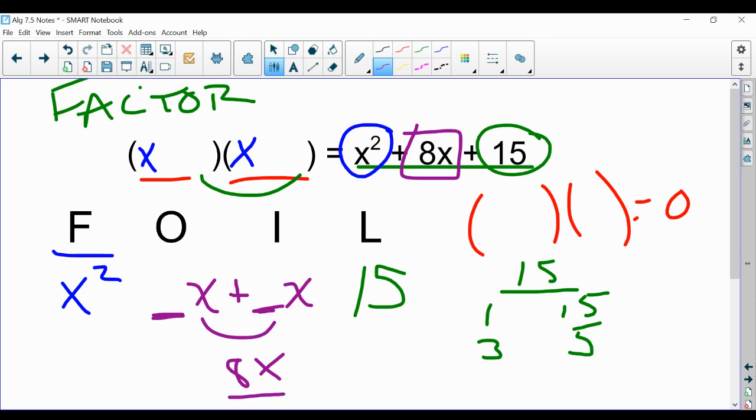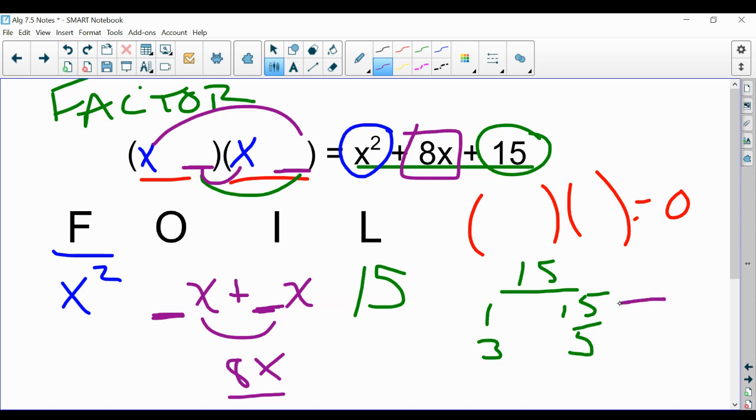Now, where do these coefficients come from? It comes from the outer and inner. So there's the inner. And I usually draw that underneath now that I think about it. There's the inner. There's the outer. So x times this last thing plus x times this last thing, when I combine it, I should get 8x.